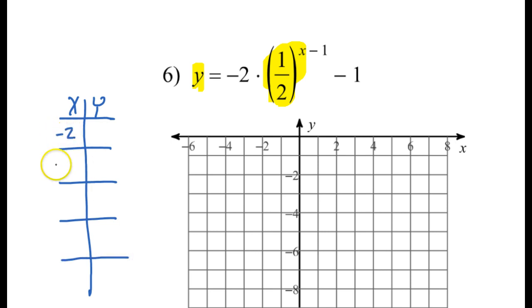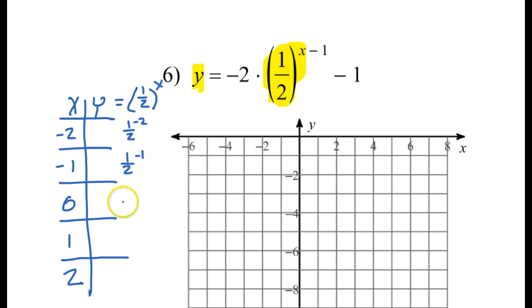Okay, so the x values, as always, we will use -2, -1, 0, 1, and 2. And y is equal to 1/2 to the x power. So I'm talking about 1/2 to the -2 power, 1/2 to the -1 power, 1/2 to the 0 power, 1/2 to the 1 power, and 1/2 squared.